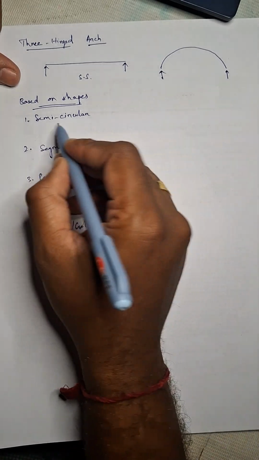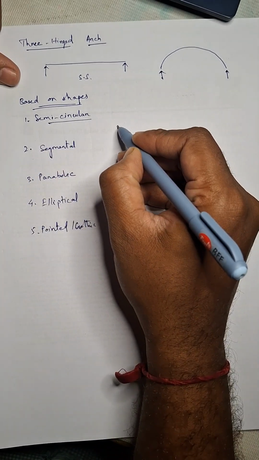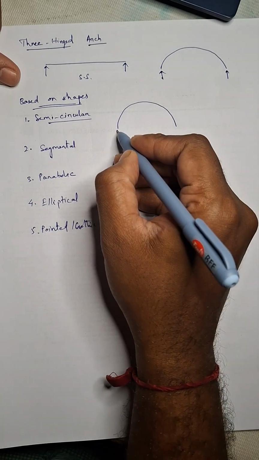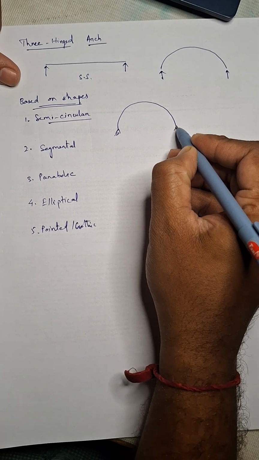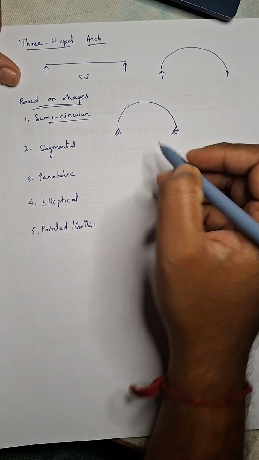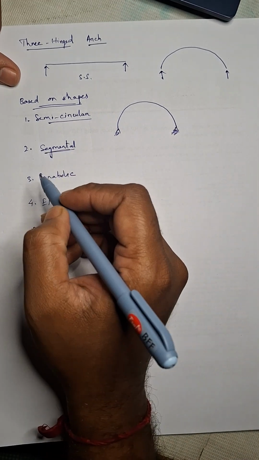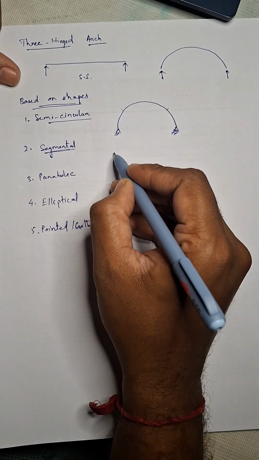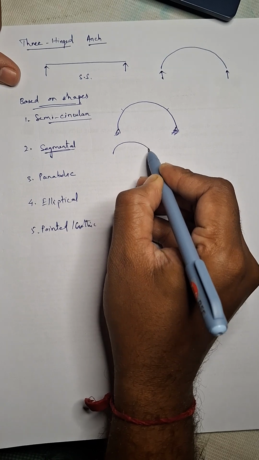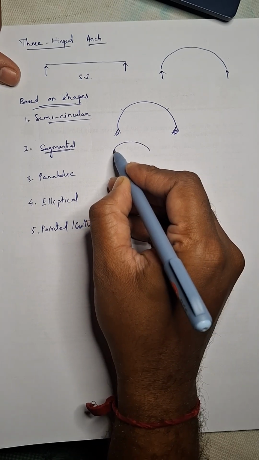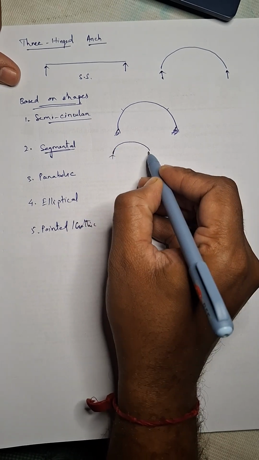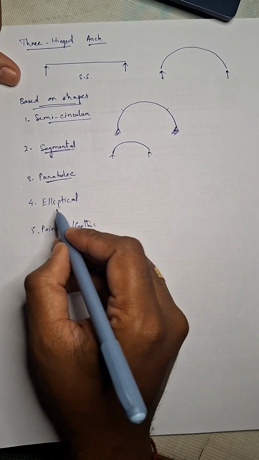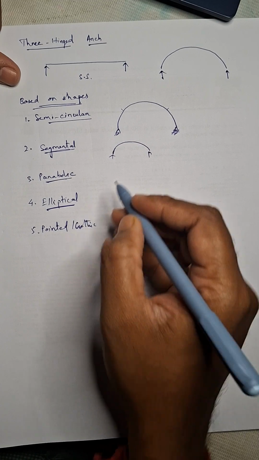The first one is semicircular, which means this will be a semicircle, and this is an arch with any type of support condition. Segmental means not the full semicircle, a part of the semicircle. The figure can be like this, not a full semicircle, just a part of it. Parabolic means the shape of a parabola. Elliptical means the shape of an ellipse.